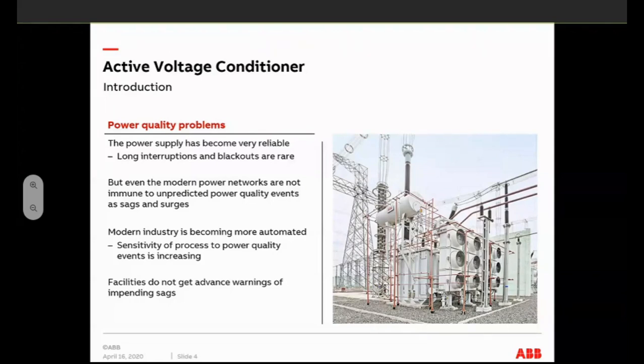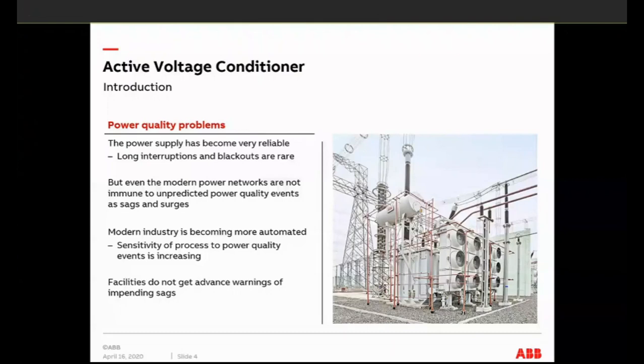Also, with modern society, the processes in terms of semicon, F&B, even commercial buildings with air conditioning units, are going to be automated. When you have an automated system, it means that you are also using sensitive components.